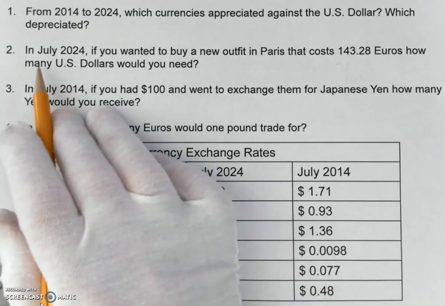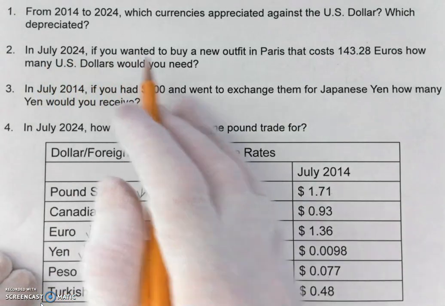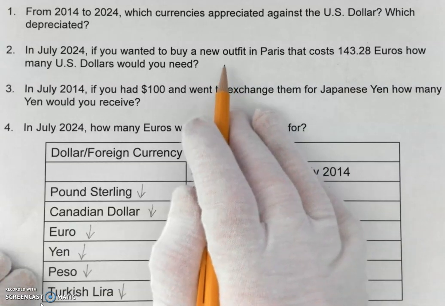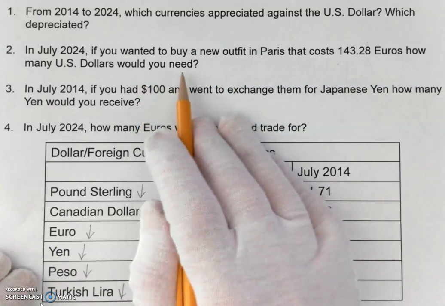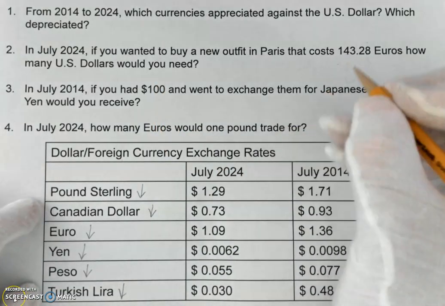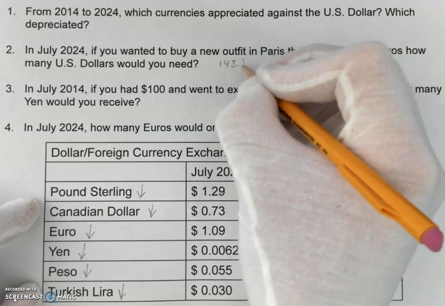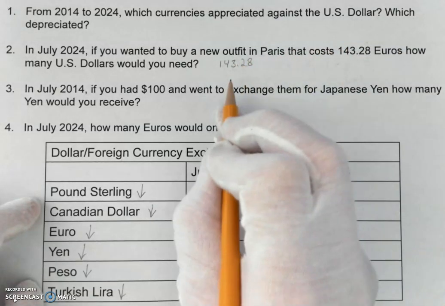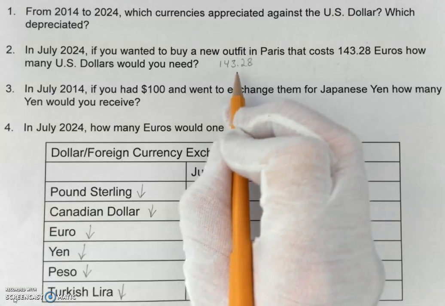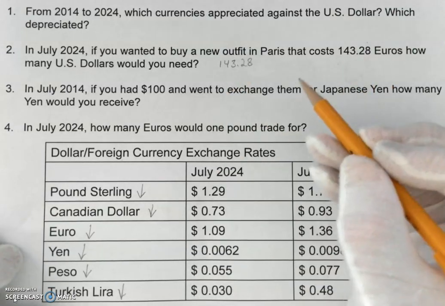Let's do the second one. It says, in July 2024, if you wanted to buy a new outfit in Paris that costs 143.28 euros, how many US dollars would you need? So let's write down 143.28, because these are euros that we need to buy. And we can look at the price.